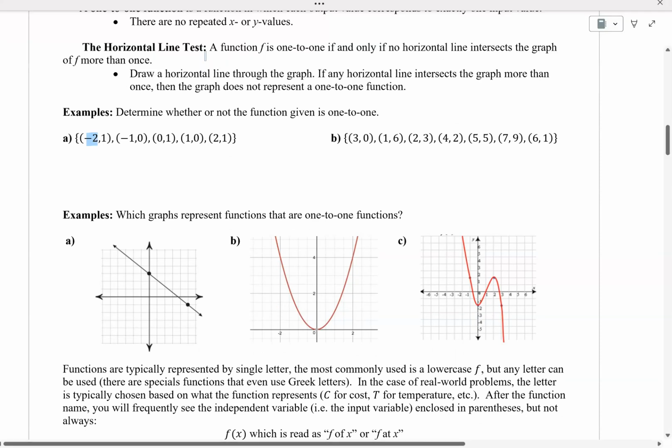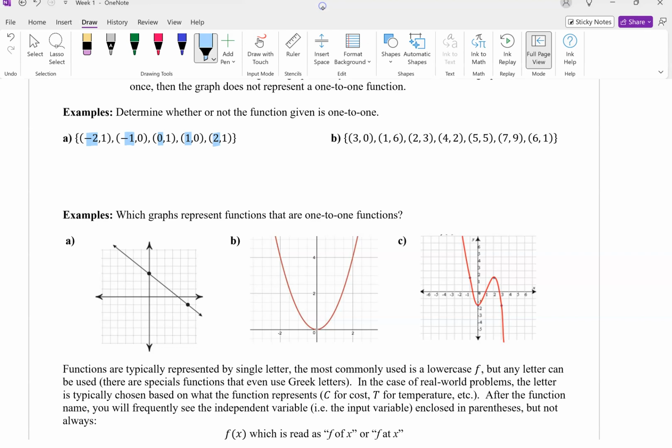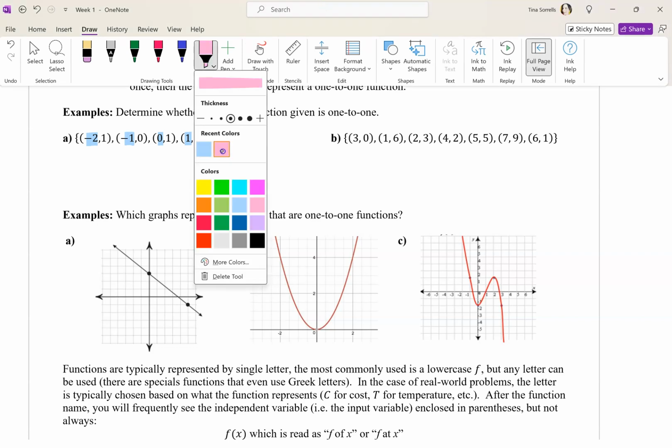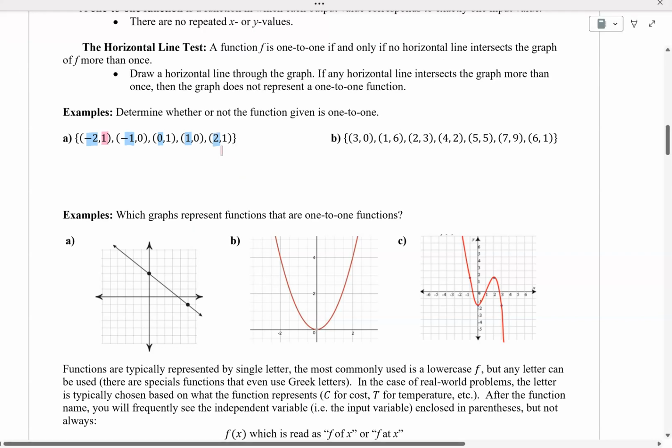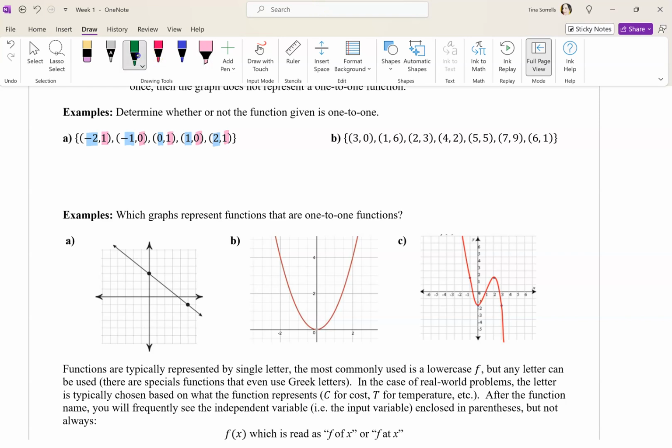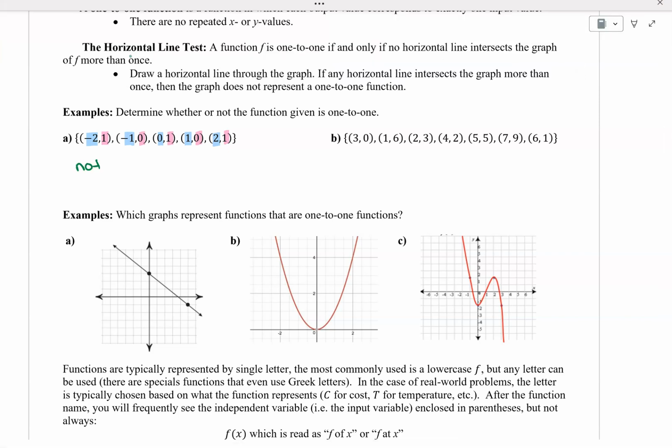So here's the x's. Did any of them repeat? Okay, and then look here. Did any of those repeat? And the answer should have been no for the x's and yes for the y's. So therefore, this one is not 1-to-1.